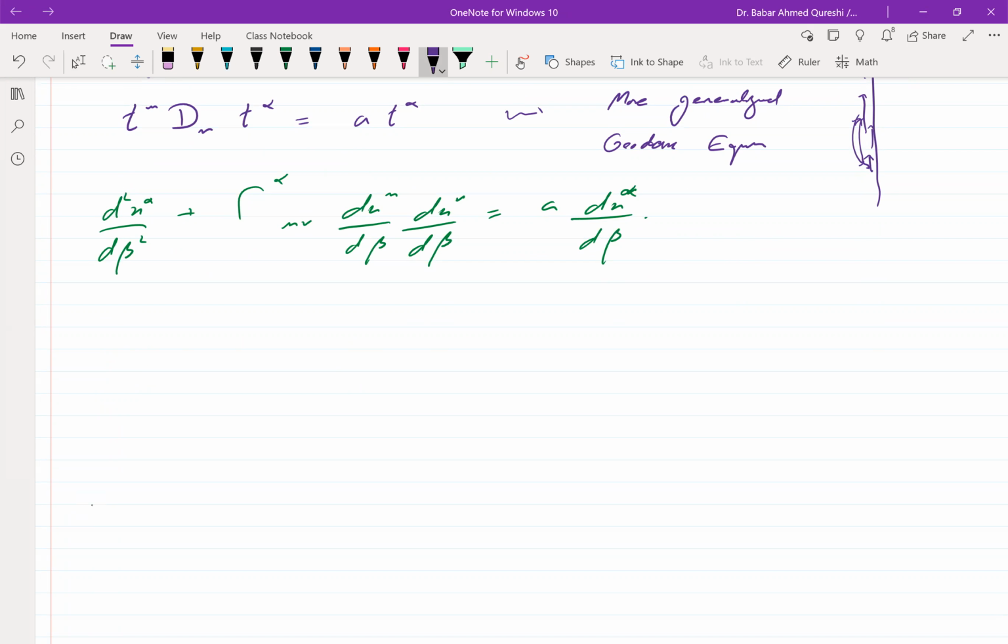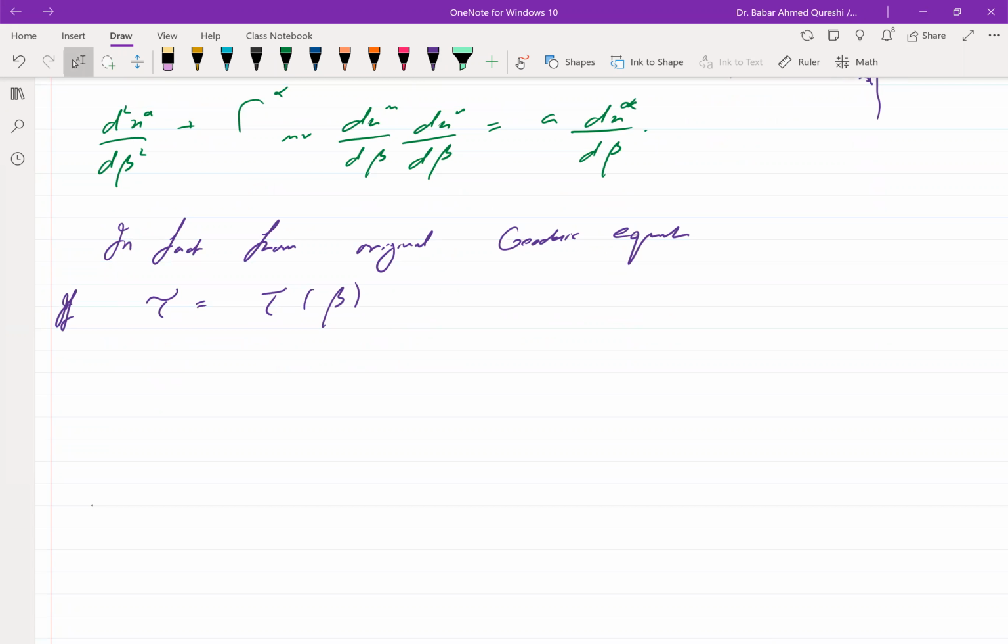In fact, from the original geodesic equation, if you put tau equal to some function of beta, then what will you have?